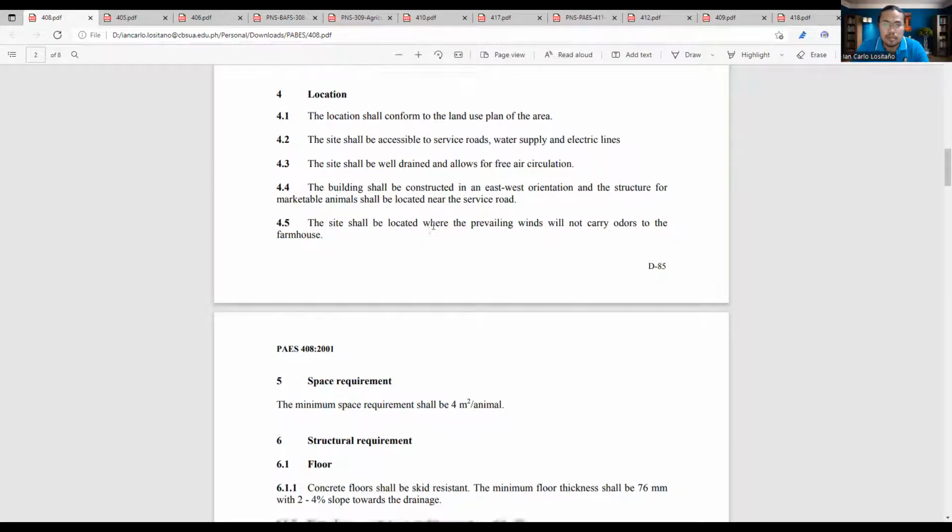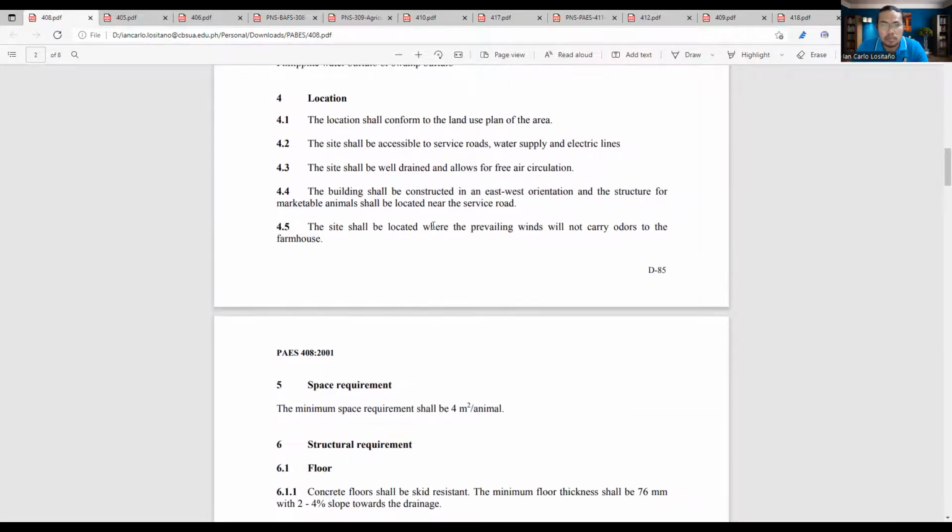The building shall be constructed in an east-west orientation, and the structure for marketable animals shall be located near the service road. The east-west orientation is to limit the contact of the solar radiation coming from the sun during hot days. Thus, this would limit the thermal load.